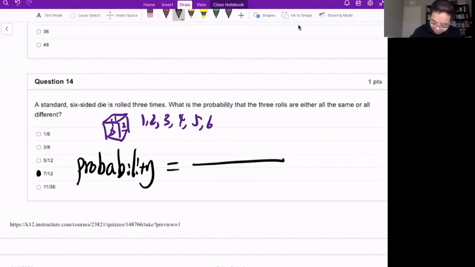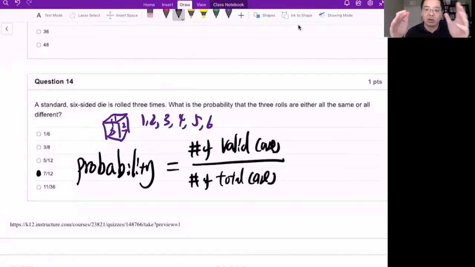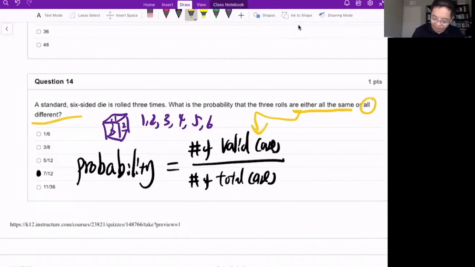The denominator is the number of total cases. The numerator is the number of valid cases. So valid cases depend on what you want. For here, what we want is they're all the same or they're all different. So those are valid cases.